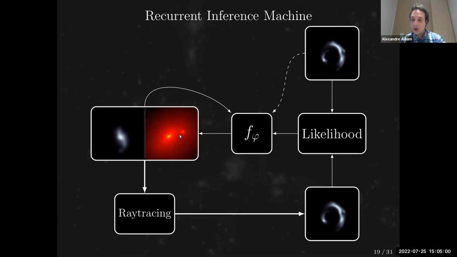This is a recurrent series, or just an optimization like you would do in gradient descent. But unlike gradient descent, where you specifically define your optimization function, here you have a neural network that needs to learn this optimization function.